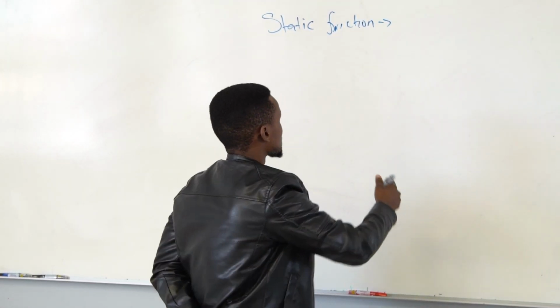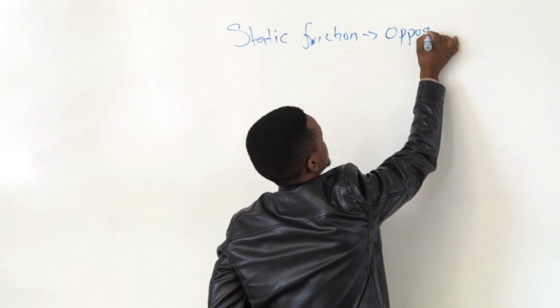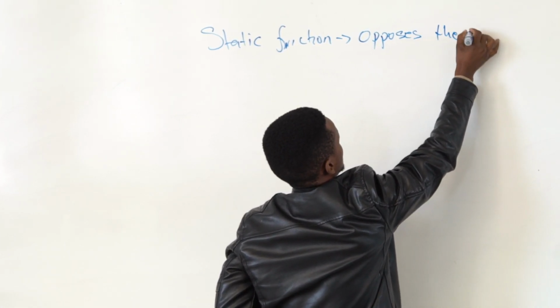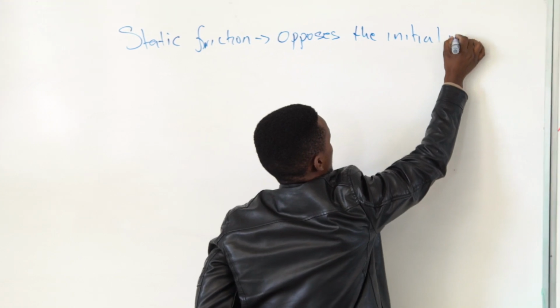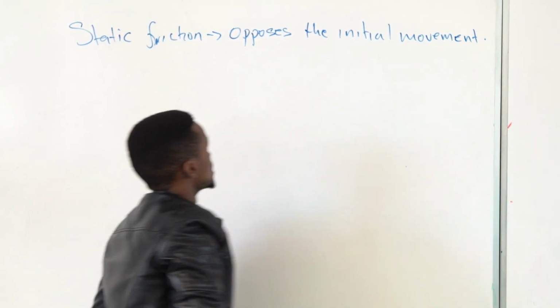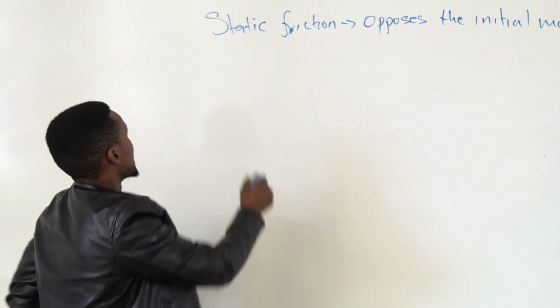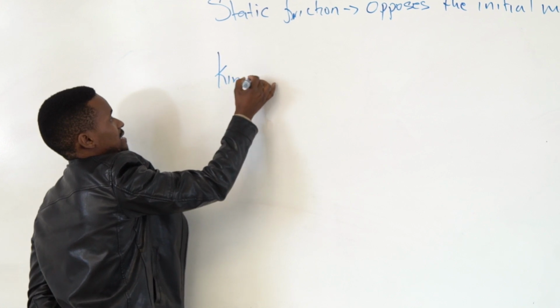And the static friction opposes the initial movement. So it means it's just the force that is required to move a body. And then we have a kinetic friction.